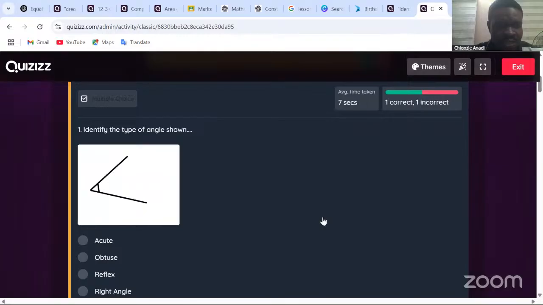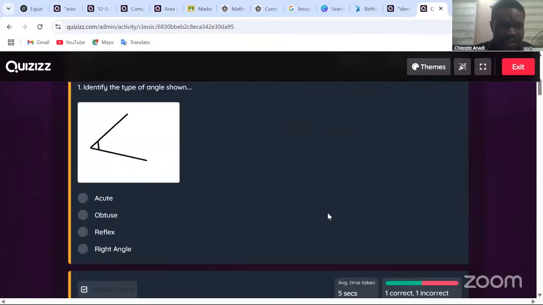If you look at this particular angle, Chimamanda, what type of angle is this? Acute. Is it an acute angle? Acute angle.